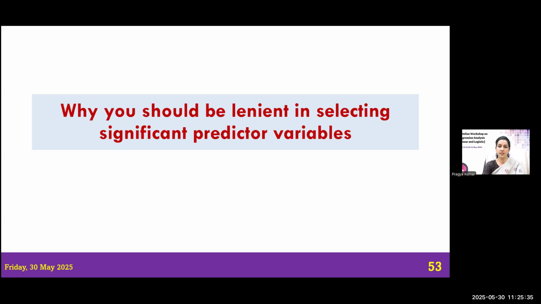Because we have seen that variables up till 0.2, with many other variables, their p-value becomes significant. So there are chances that 0.2 can come down to 0.05 in a multivariable analysis. That's why we choose variables with a p-value up till 0.2.